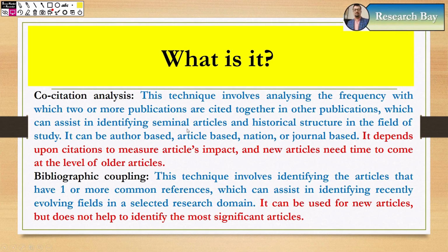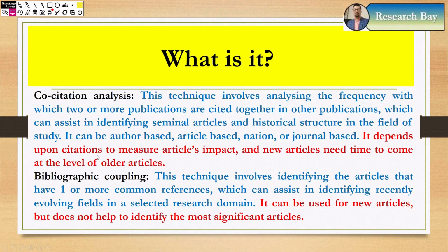Seminal articles are the foundational, important landmark articles in that field. So it helps us to identify that. And it can be author-based, article-based, nation, or journal-based. You have to make a selection over there. I'll show you in VOS Viewer how you make a selection on these four. Out of these four, you have to select any one.